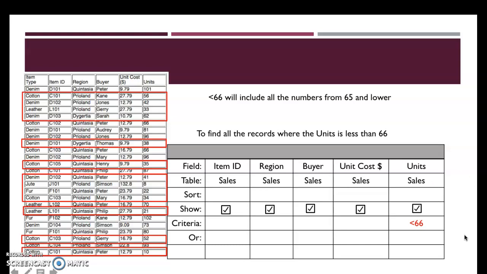We are using the units field as the field where we're going to put the criteria, and our criteria is going to have the less than sign and 66. So now you will see it includes those records where the units are below 66, but does not include the records where it is exactly 66.